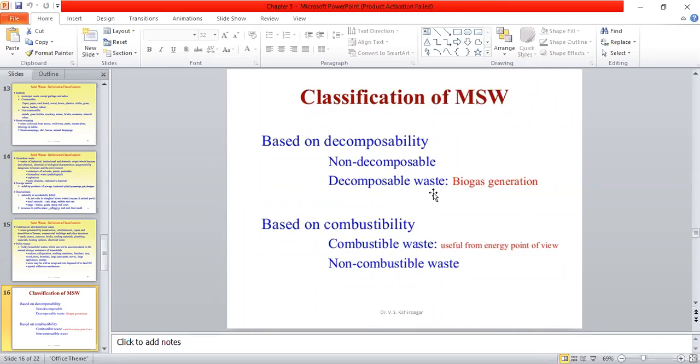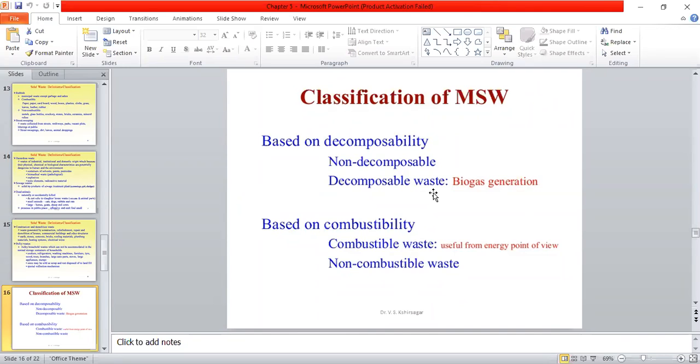It will also create an unhealthy environment by releasing odorous gases and attracting flies, mosquitoes, and rats, converting it into an unhygienic environment. So it is better to go for controlled decomposition of such material, which gives us good byproducts in the form of fuel or energy, or sometimes manure. One example mentioned here is biogas generation.